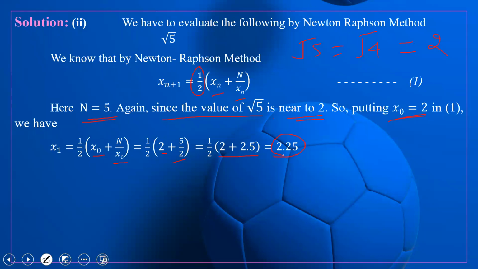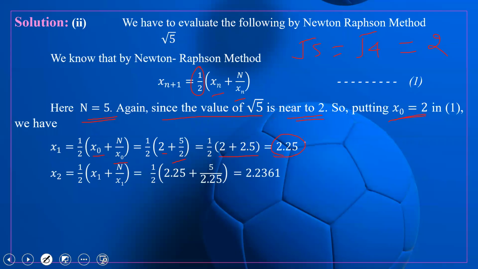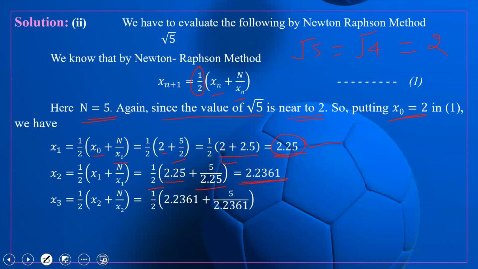This is iteration number 1. For iteration number 2, we put x1 is equal to 2.25. So 1 upon 2 times (2.25 plus 5 upon 2.25), and its answer is 2.2361. Again for the next iteration, 1 upon 2 times (x2 plus n upon x2), we get 2.2361.